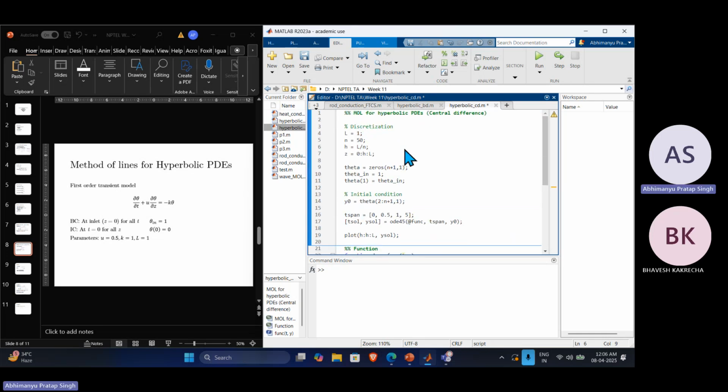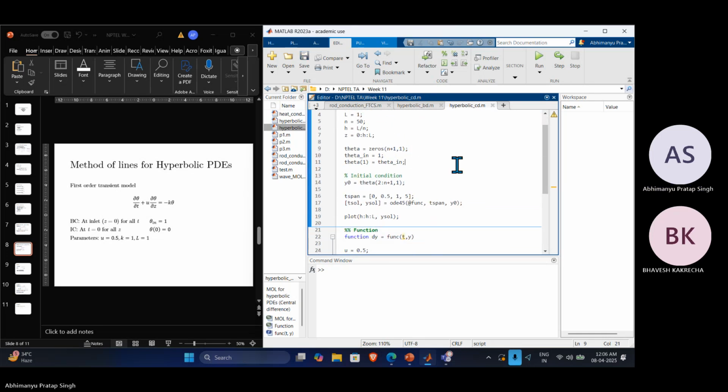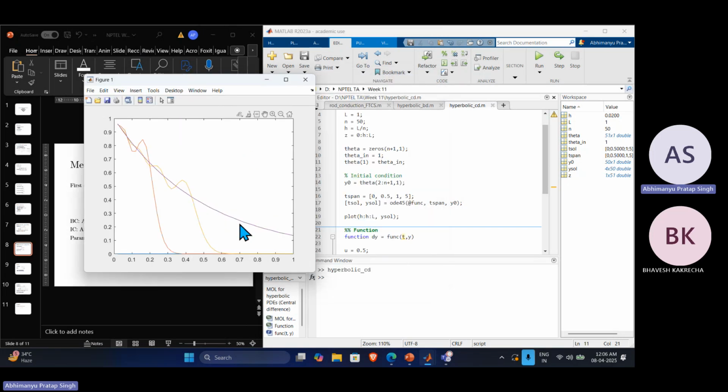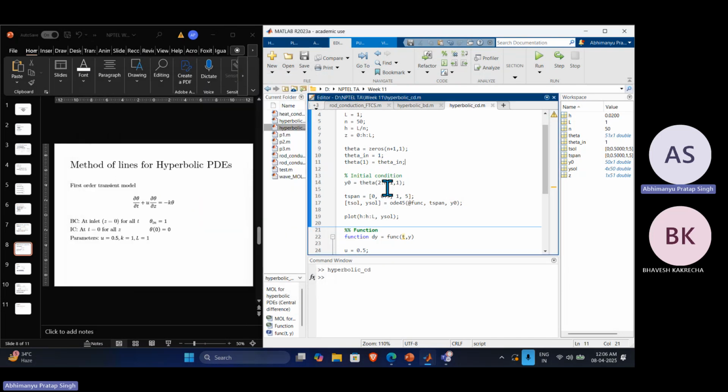Then I'm just integrating this. So we get these advective terms, like the last one is for t is equal to 5 seconds. Okay, let us plot this for more time domains.